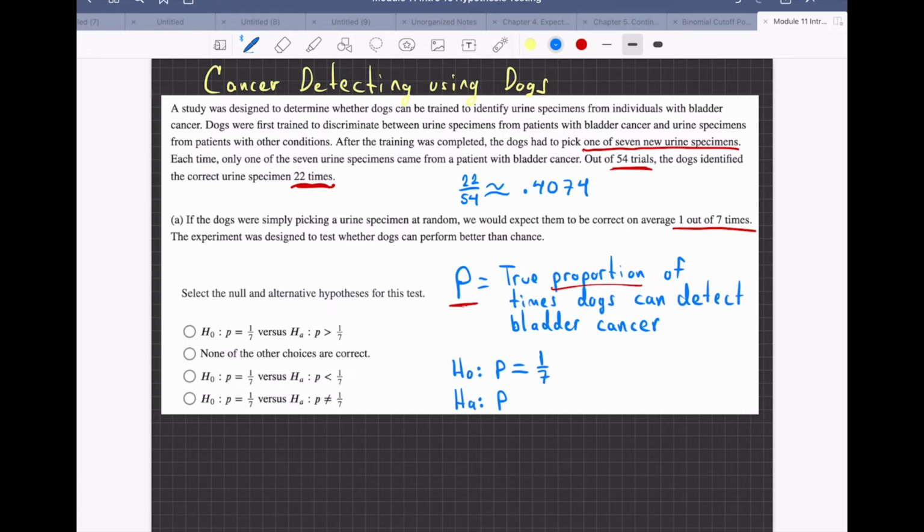So since this is greater than 1 out of 7, the alternative hypothesis is going to be the proportion is greater than 1 out of 7.